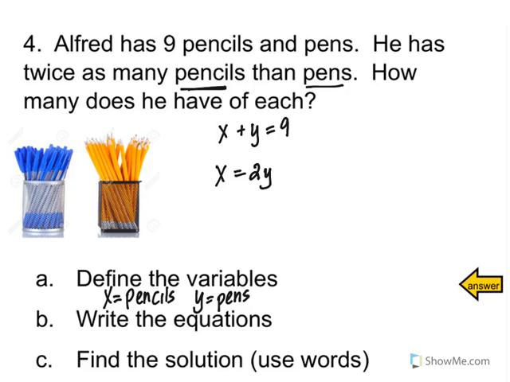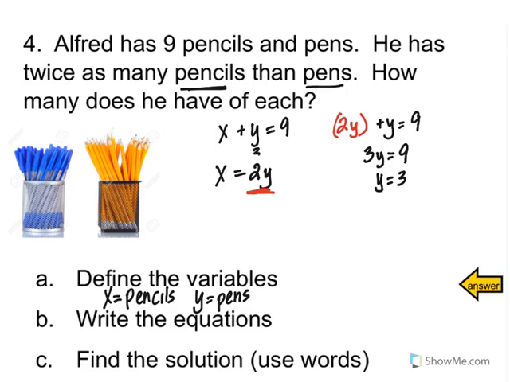What we want to do at this point is we want to find the solution. So I can use substitution here. Again, I know what x is equal to. I know x equals 2y. So in this equation, instead of x plus y, I can write 2y plus y is equal to 9. I substitute those out. That would be 3y equals 9. Y is equal to 3.